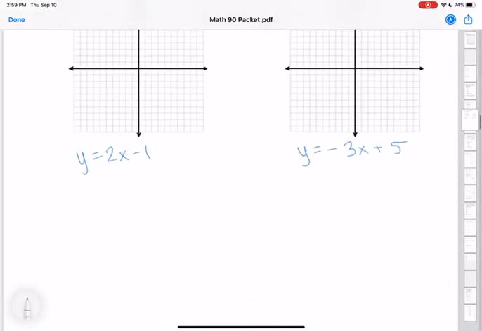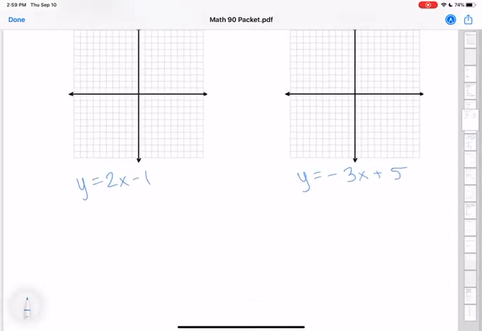Remember, so far what we've been doing is getting a table, picking 3 values, plugging them in to get those y values, and then plotting those points and connecting them up with a line. Go ahead and take a minute to do that.